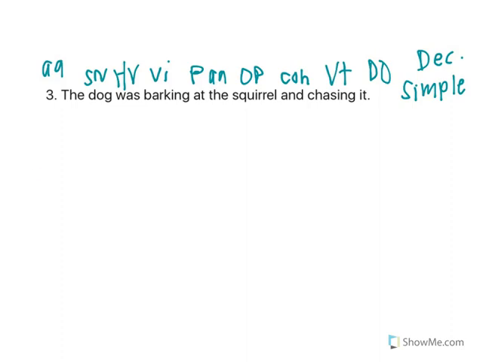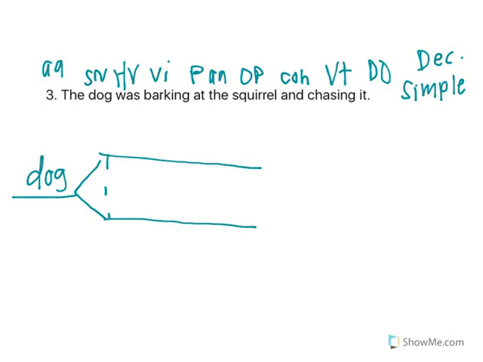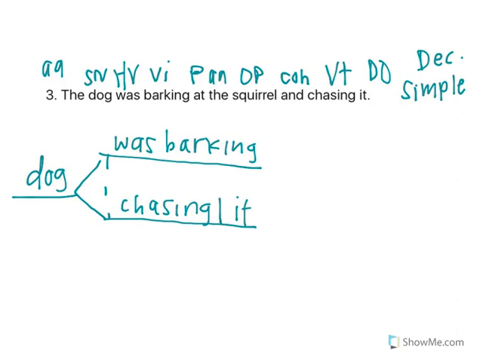So then we're going to diagram this like we diagram our compound verbs. Dog, was barking, and chasing it.